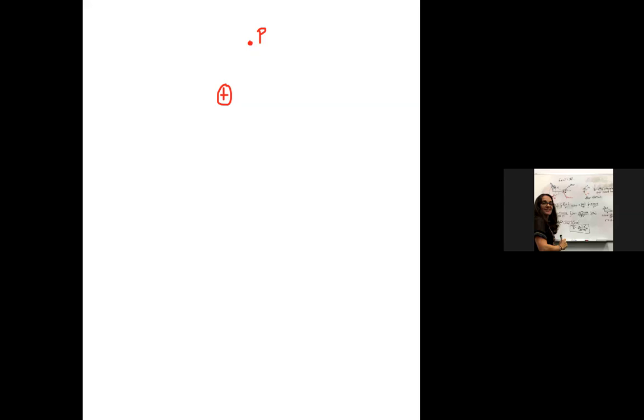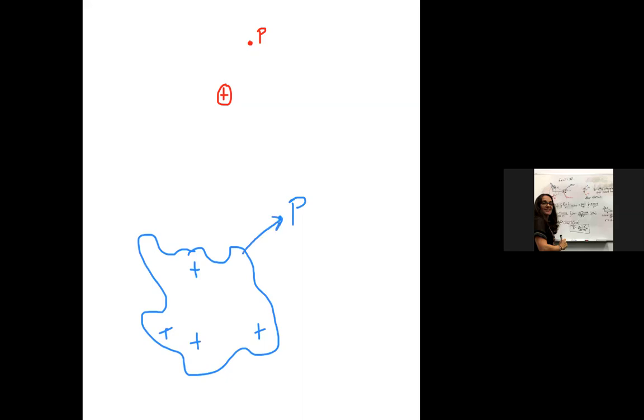Wait, hold on, let's do an aside. What if I have a positive distribution that looks like that, and I ask, what is the field at P? Well, I can no longer do Coulomb's law, and my r is changing drastically from every point. So I can maybe do dq over r squared and figure all of that out, but that's getting difficult to work with.